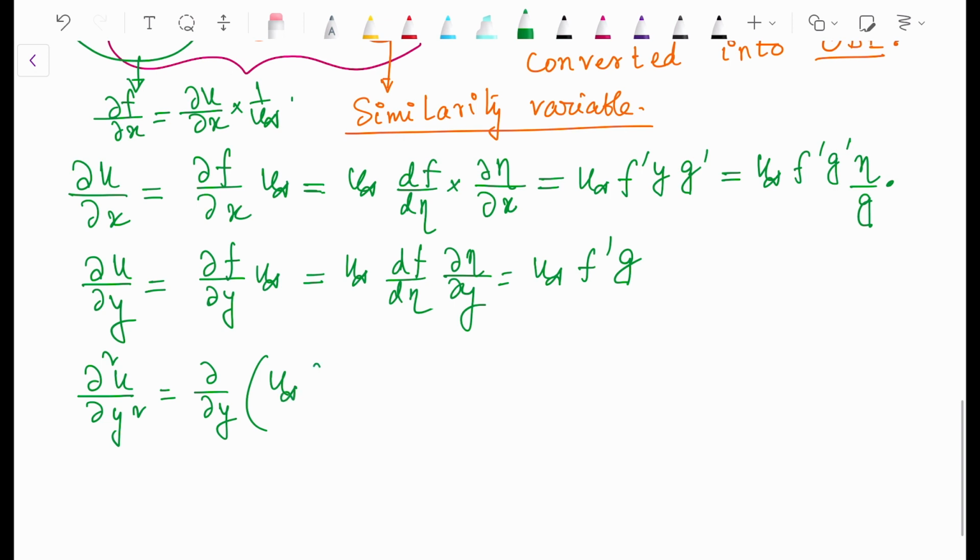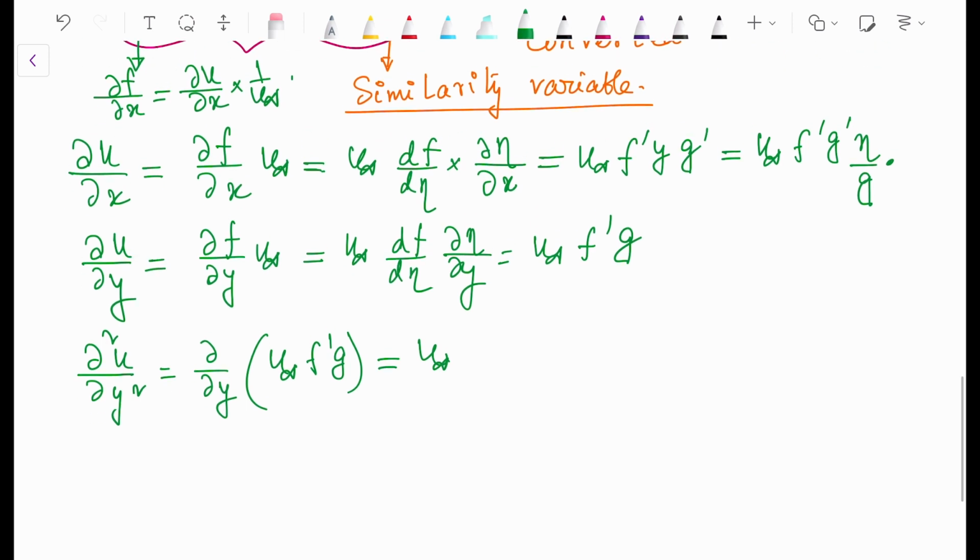U infinity into f dash into g. So u infinity is not a function of x as well as y, g is not a function of y. So I can pull them out and I can have d2f d eta 2 into again g, because del eta del y is equal to g. So this will be u infinity g square f double dash.